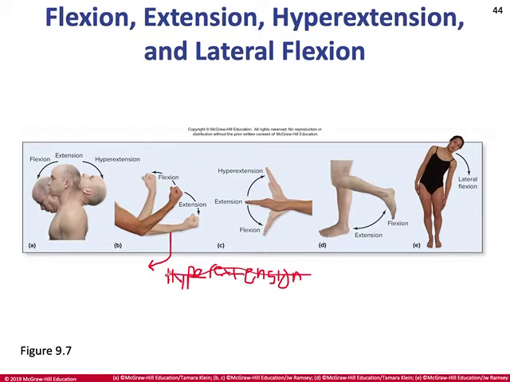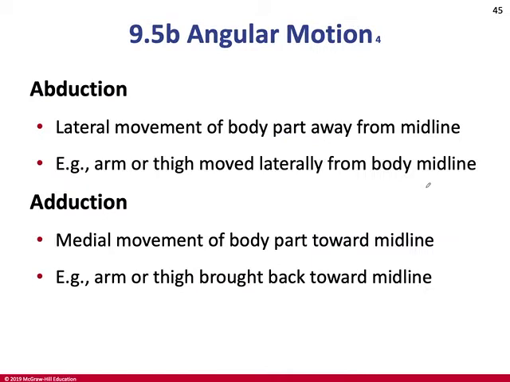Not going to happen. Same with your knee. You can flex your knee, you can extend your knee, but if you were to hyperextend your knee, it would be that, and that is again not allowed, unless the joint's been traumatized. And then there's lateral flexion over there.